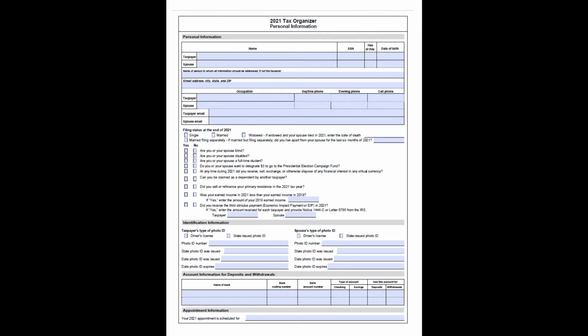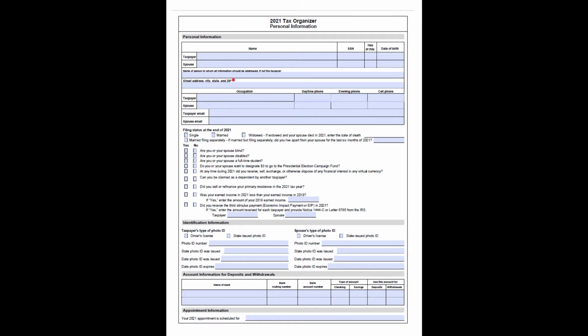And this PIN is required in order for them to accept your tax return. So if you've already gotten a PIN, we are going to need this information in order to get your tax return e-filed.